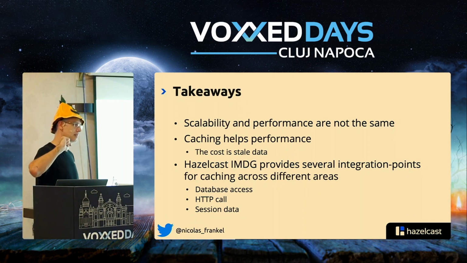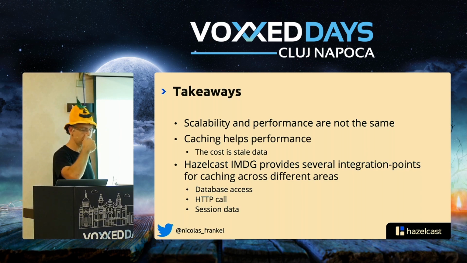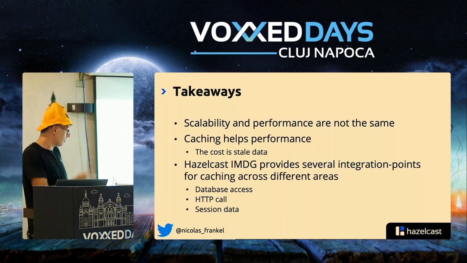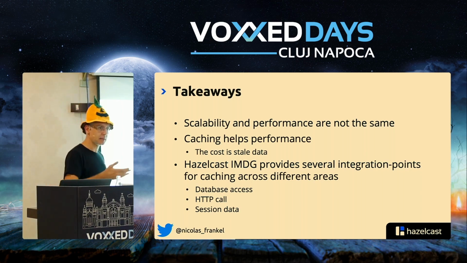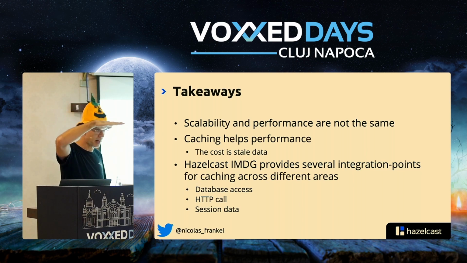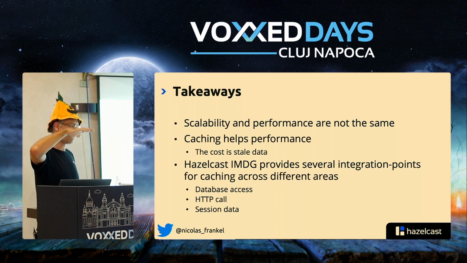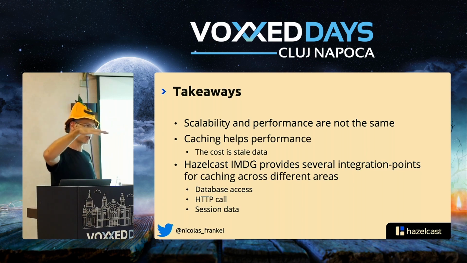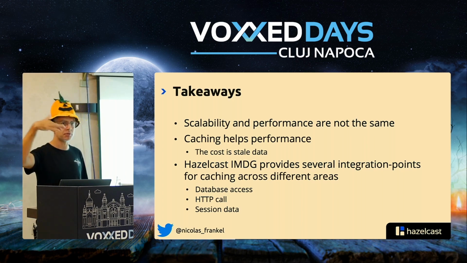Might not be the case. It depends, and you should think about it. And Hazelcast IMDG provides this caching at several integration points in your architecture. As I showed you, we have Hibernate level 2 cache, JCache implementation or Spring Boot cache implementation, and session replication.